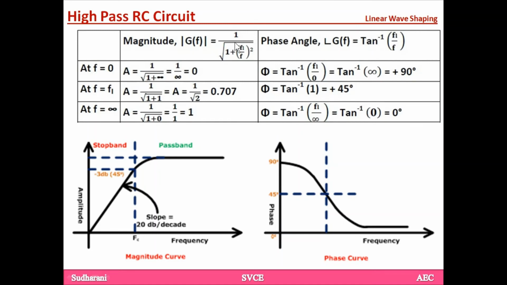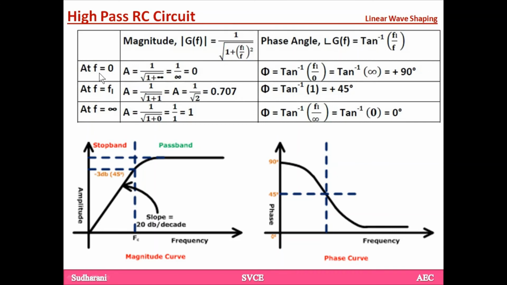Here fL depends on the value of resistor and capacitor, and f is the frequency of the input signal, so I am varying the frequency of the input signal. I substitute f as 0, fL, and infinite, to see how the response is at three different frequencies.